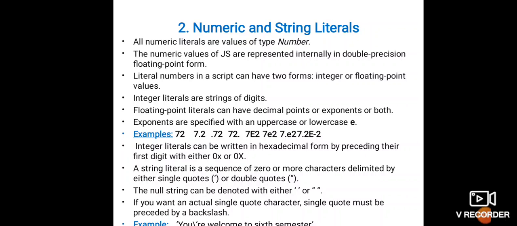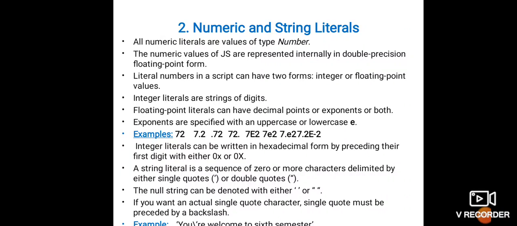See here, you can specify the exponents either by using the capital letter E or the lowercase letter e. You can see the examples: 72, 7.2, 0.72, 72.7, 7e2, 7.e2, 7.e-2.